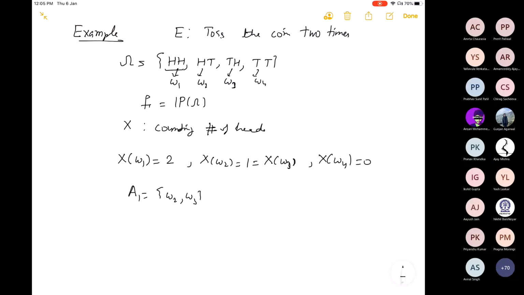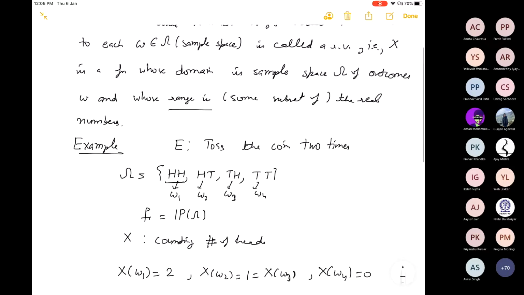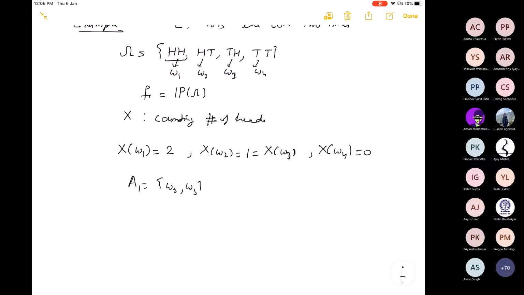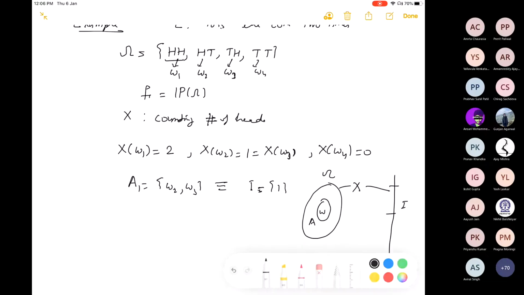Correspondingly, we can take some element from the range space, which is a real number or a subset of the reals, so that we can take as I. When X is applied here, this is your omega and this is A. So now when this is applied, this becomes X of omega.